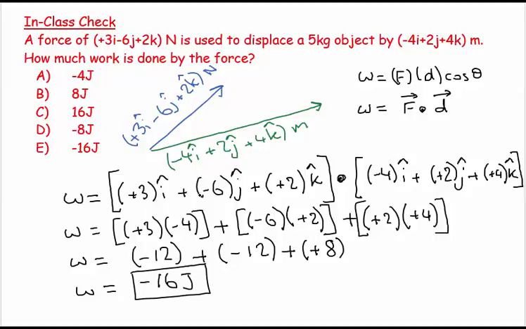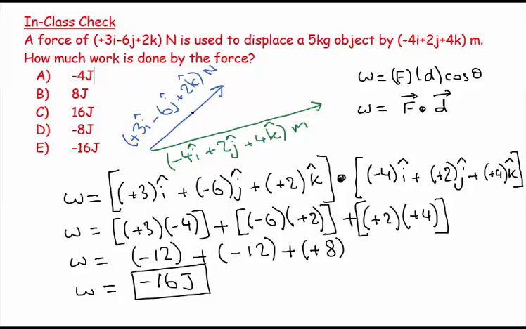So this dot product is amazing. If you think about it, I took two vectors which were anywhere in three-dimensional space, and I was able to work out the scalar product of them using just simple math.